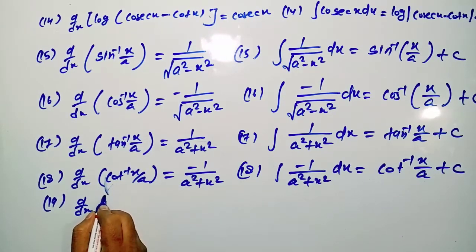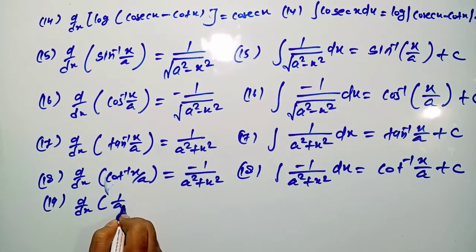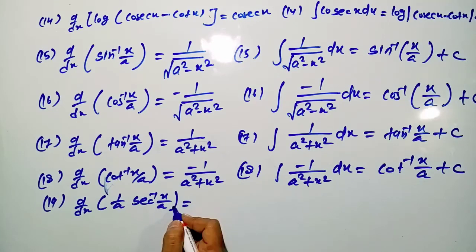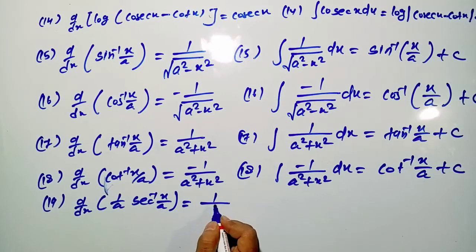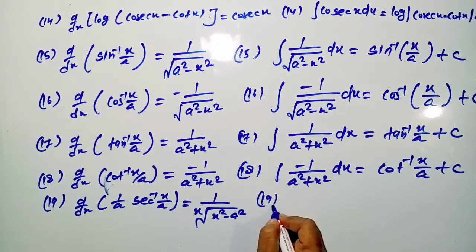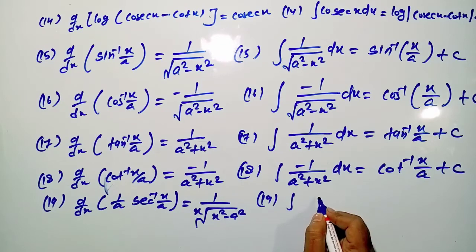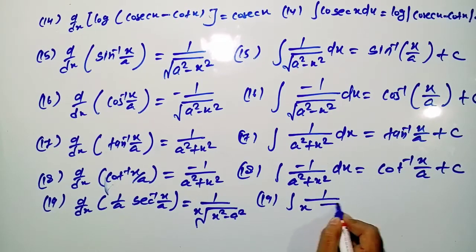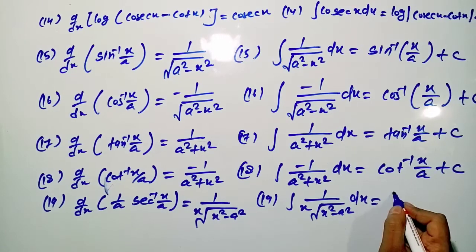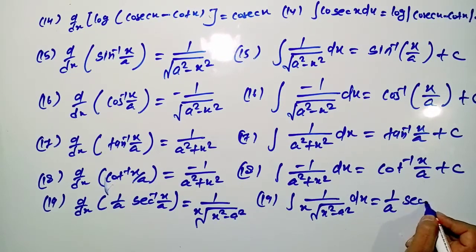Number 19, differentiation of 1 upon a sec inverse x upon a is equal to 1 upon x square root of x square minus a square, and its integration of 1 upon x square root of x square minus a square dx will be 1 upon a sec inverse x upon a plus c.